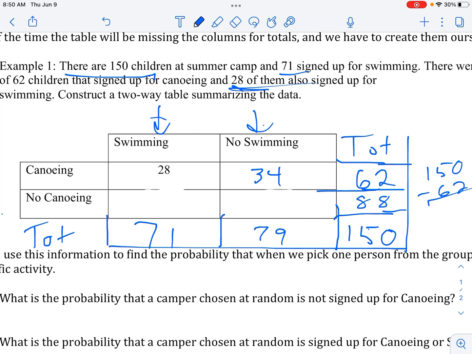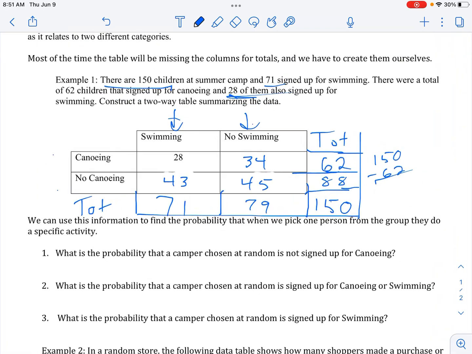So if I do some subtraction, I should end up with 43 as the number who swim and don't canoe. And then last, and I can find this answer lots of different ways, I need to subtract either 34 from 79 or 43 from 88. Lots of different ways to find that 45. But you have to basically do some subtraction to figure that out.